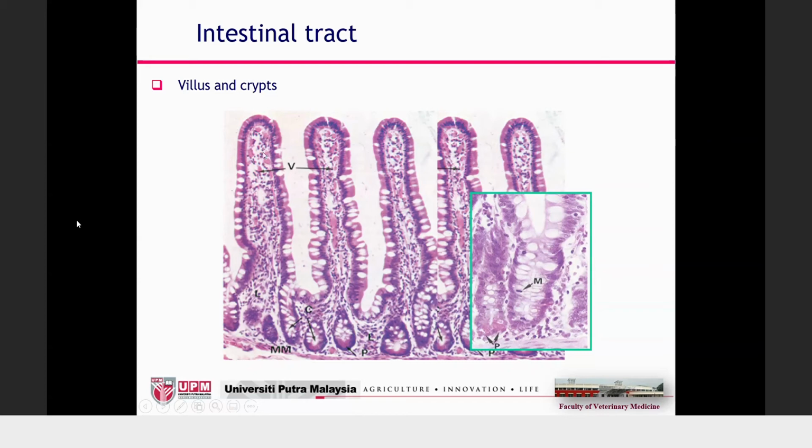And of course, you can see the lamina propria has a lot of inflammatory cells, as well as blood vessels and a lymphatic system. And we have a crypt of Lieberkuhn, where those cells that make up the epithelial lining arise. So we have the villus projection there, and we have the crypt of Lieberkuhn.